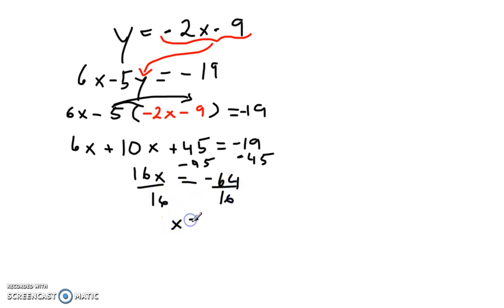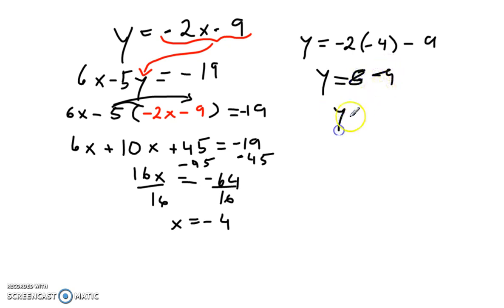And x is equal to negative 4. Now once we know x, we can plug that back in up here. Y is equal to negative 2 times negative 4 minus 9. And then y is equal to positive 8 minus 9. And y is equal to negative 1. So the solution to this system of equations is negative 4 and negative 1.